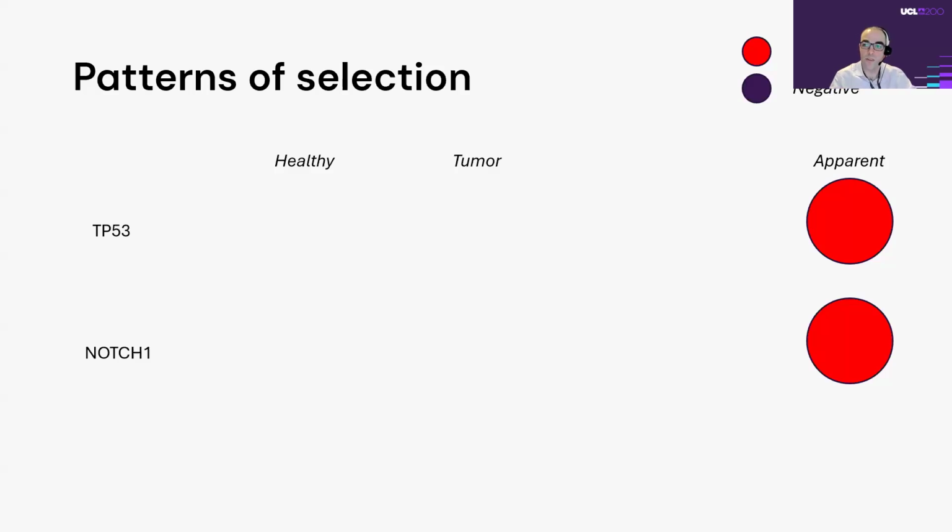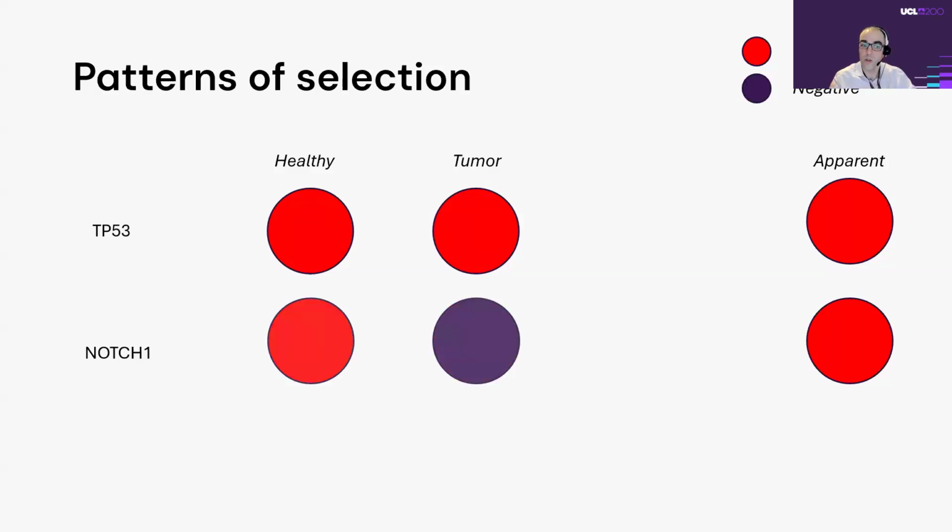But when we break down the data into looking at the healthy and the tumor separately, whilst we find that P53 is under positive selection in both the healthy and the tumor, the fitness advantage of Notch1 in the healthy tissue masks the fact that in the tumor itself, the same mutations are under negative selection.